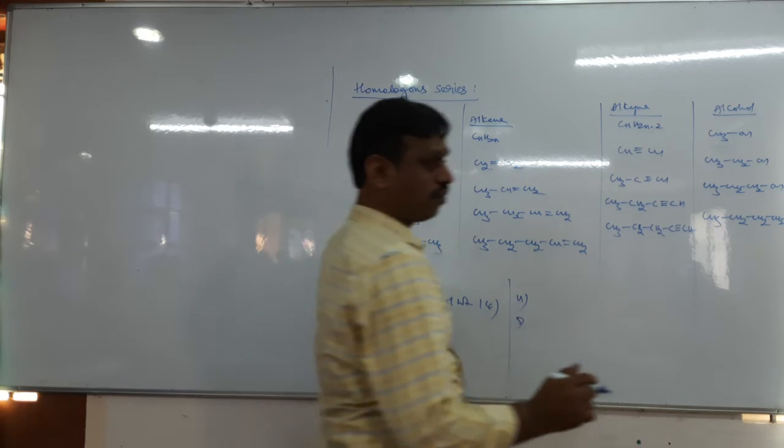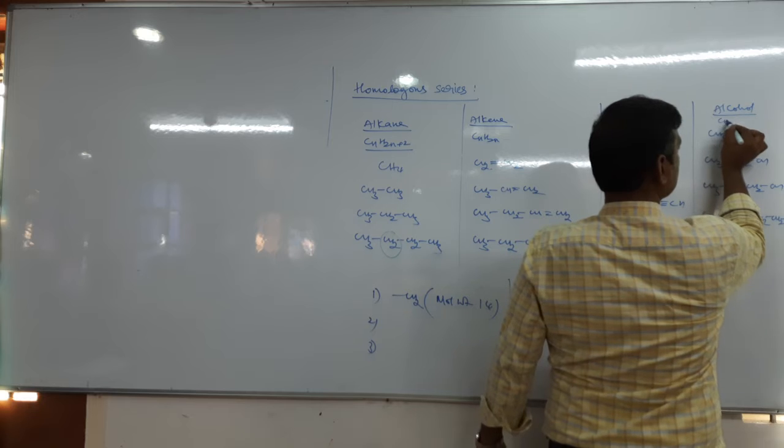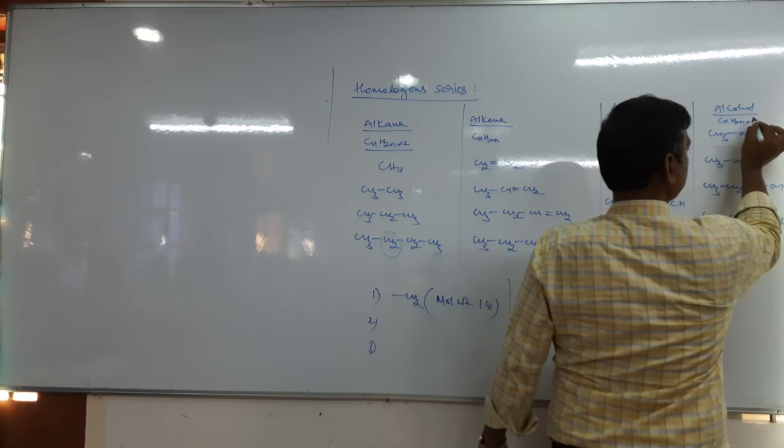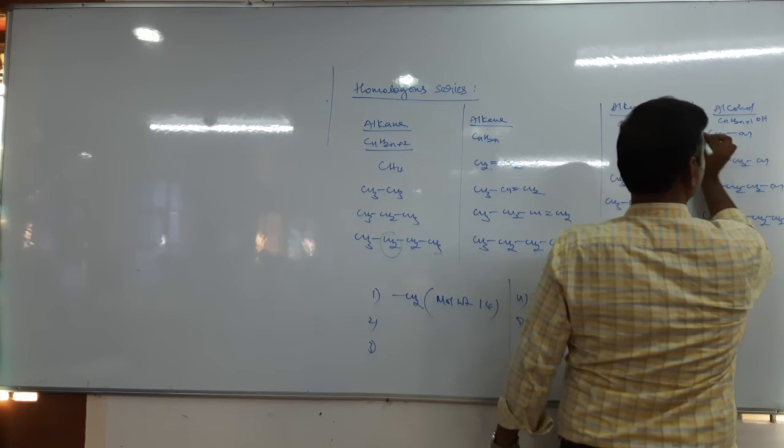What is the formula of alcohol? CnH2n+1OH.